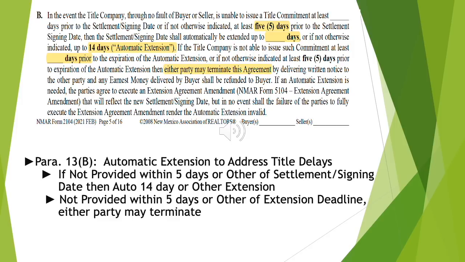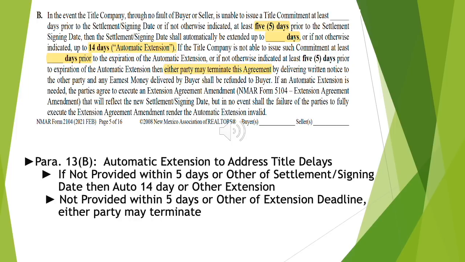If you're up in northern New Mexico, that 14 sounds like that's not going to be sufficient, and you might want to put in 30 days or 60 days or whatever it is. You guys know what the market is. You know what's happening in your market. So you know what kind of delays these title companies are dealing with, and you're dealing with, and your buyers and sellers are dealing with as a result. So you guys get to kind of tailor that for the area that you're in and the delays that you're seeing.